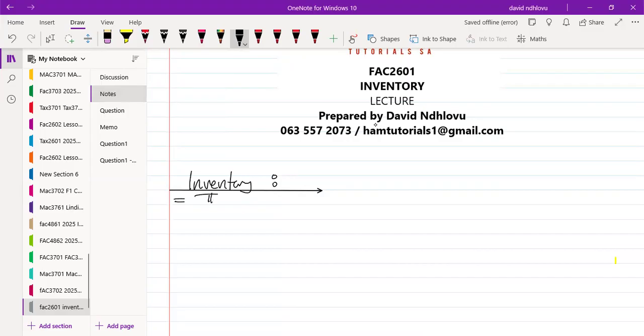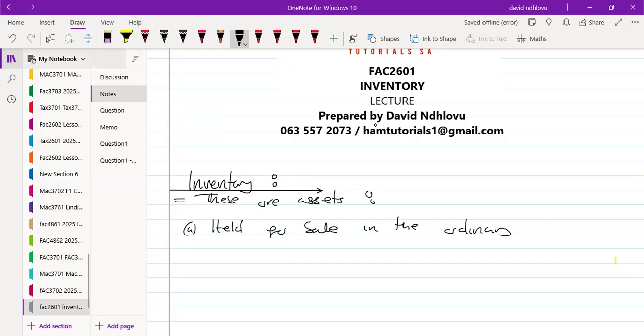So we say these are assets, number one, held for sale in the ordinary course of business.